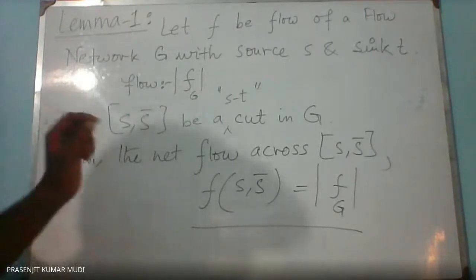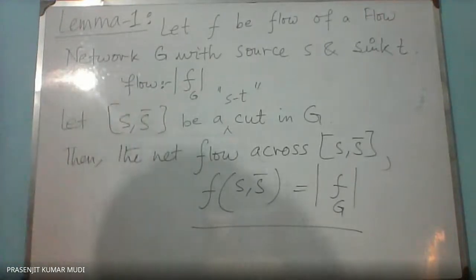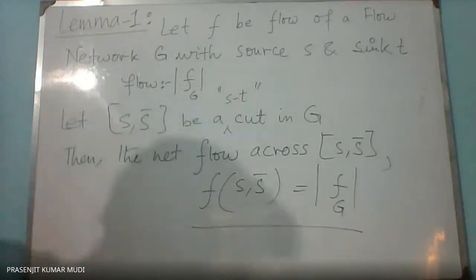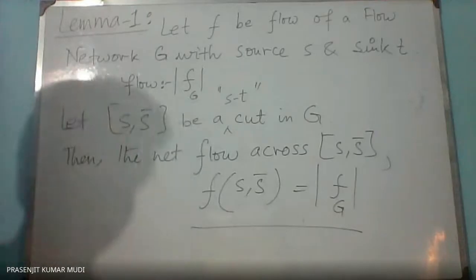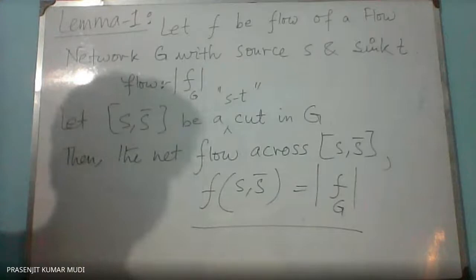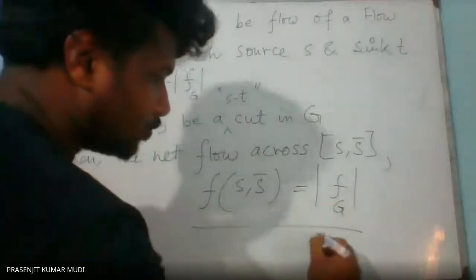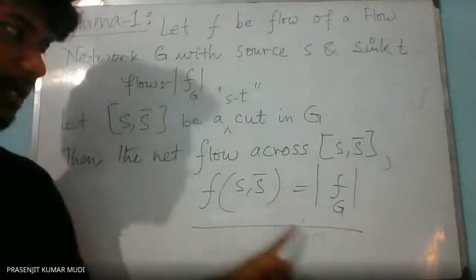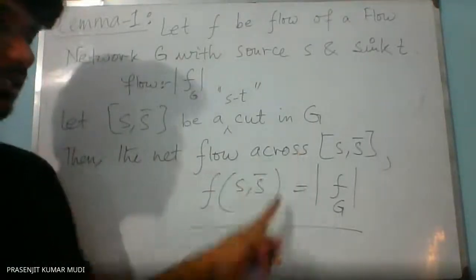Or from C to T there is 2/2, from E to T there is 0/3. So net incoming flow to the sink is 2. That means as per the lemma, for that example graph which we discussed for the cut, F of G equals 2, and also the flow across that cut is equal to 2.